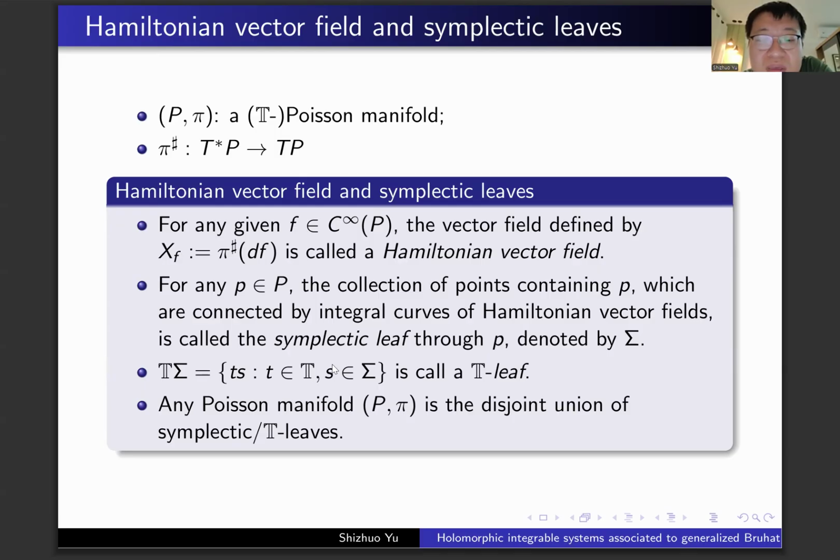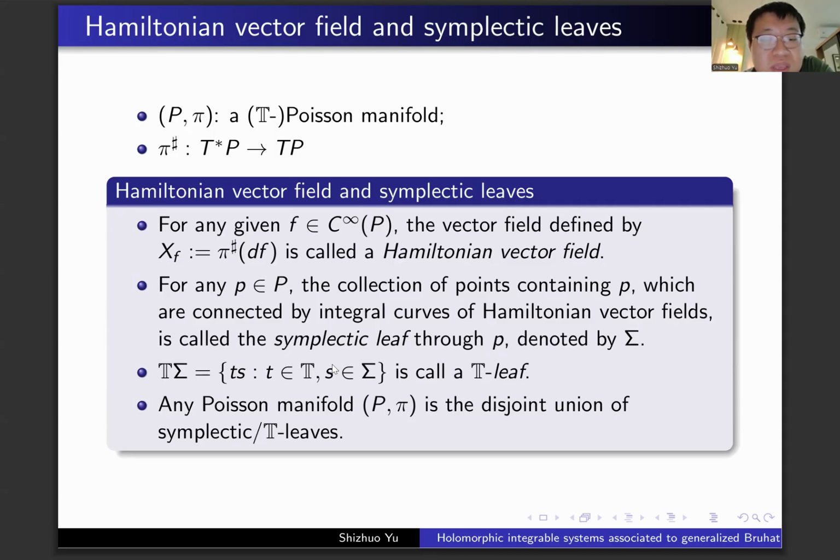It means that the symplectic leaf through any point P is the collection of the points which are connected by the integral curves of the Hamiltonian vector field. It is the so-called symplectic leaves. You can also understand the symplectic leaves as the distribution of the image of pi sharp. These two definitions are equivalent.